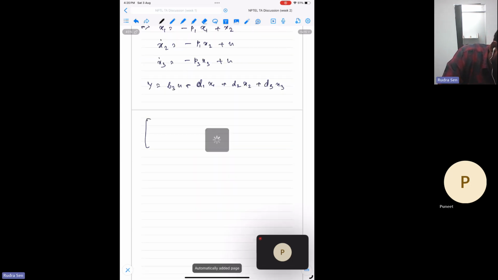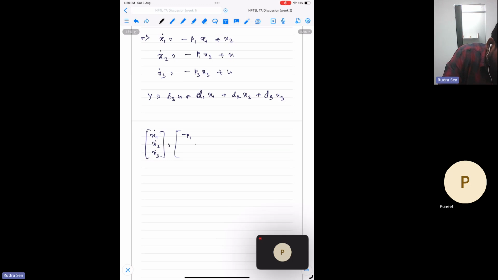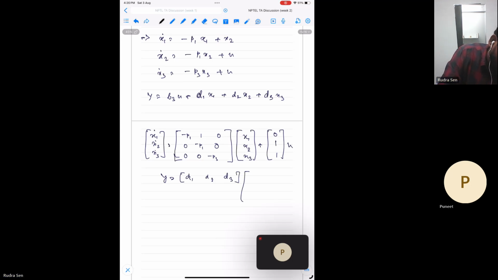So in matrix form, x1 dot, x2 dot, x3 dot equals the matrix with minus p1, minus p1, minus p3 on the diagonal and 1 above the diagonal, otherwise zeros, times x1, x2, x3, plus 0, 1, 1 times u. And y is equal to d1, d2, d3 times x1, x2, x3, plus b3 times u.